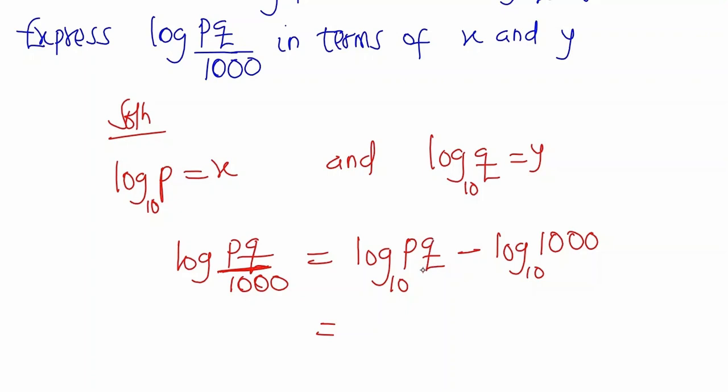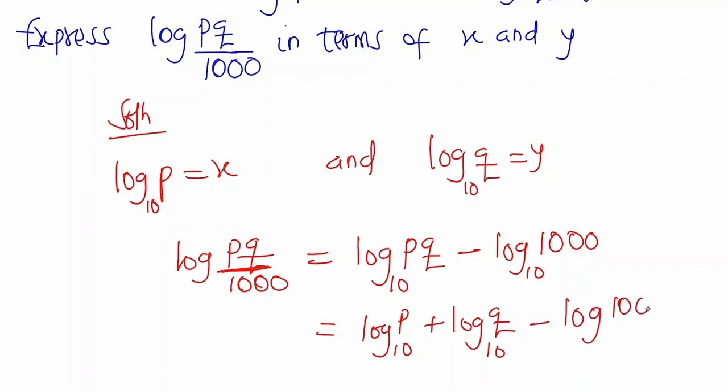Now if that is known, then we can also expand log pq. So log pq is seen as a single logarithm being multiplied, so we can expand by adding. It implies that we have log p base 10 plus log q base 10. Now we have minus logarithm of 1000 base 10.